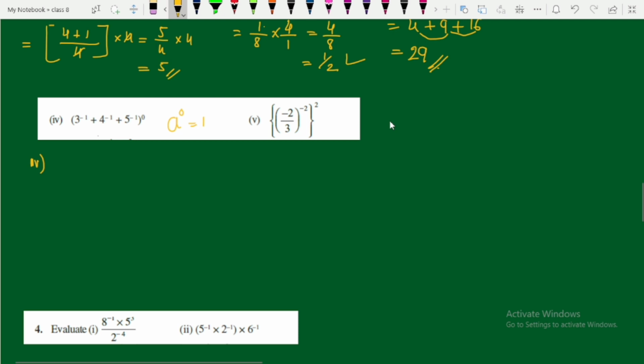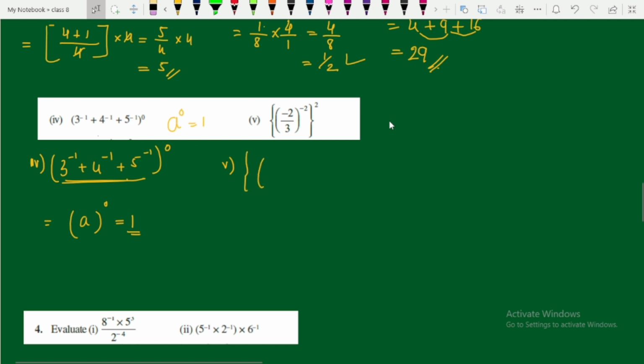So whatever is there in the bracket, 3 raised to minus 1 plus 4 raised to minus 1, 5 raised to minus 1, and 4 raised to 0 is there. Whatever you simplify by making positive exponents, afterwards it will come with the bracket raised to 0, right? So a raised to 0 is always equal to what? So the answer is 1. You solve or simplify whatever, but the final answer will be 1. Okay, so that will be the answer. Next, question number 5.